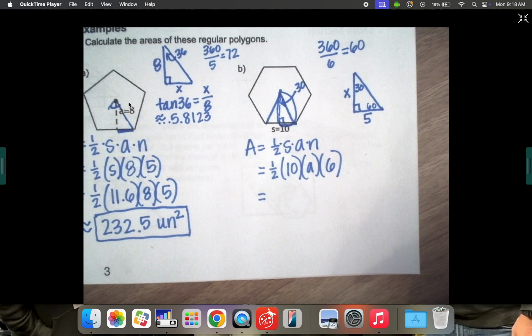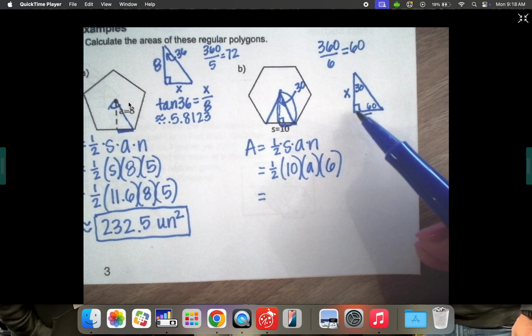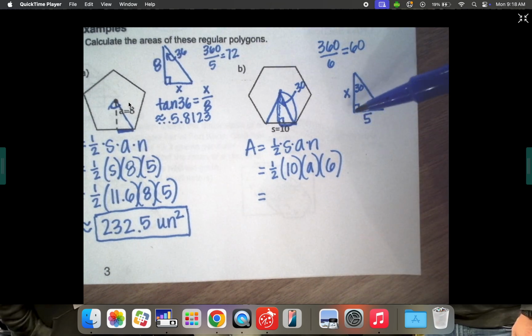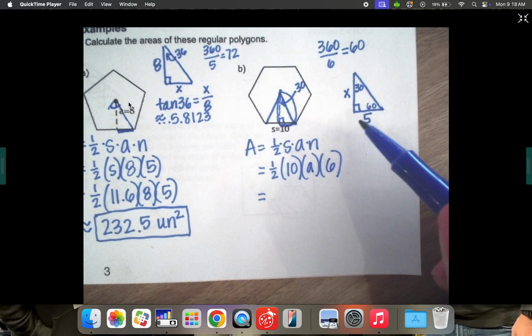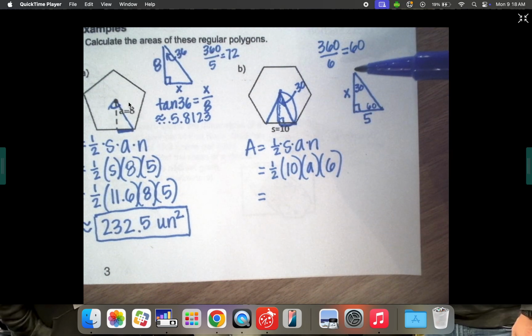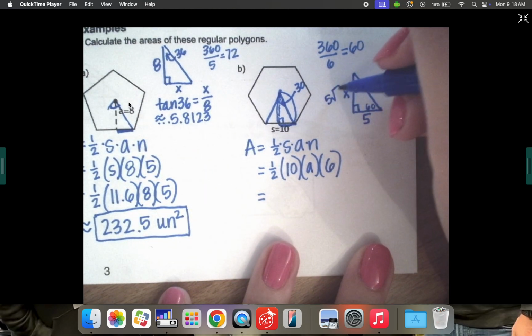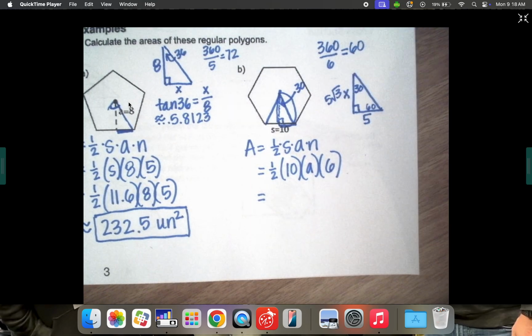So in a 30, 60, 90 triangle, let's think. The short side is x. The long side is x root 3. That's just a given in a 30, 60, 90 triangle. So if the short side is 5, then our x is just 5 root 3. So that's easy enough that we didn't have to calculate anything. X is 5 root 3, so our apothem is 5 root 3.